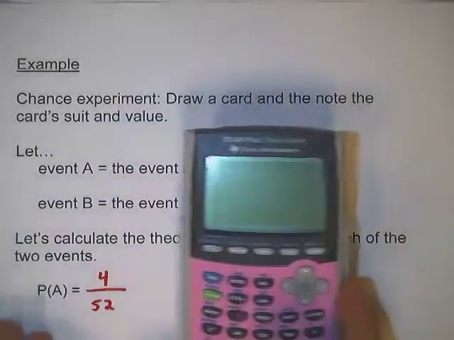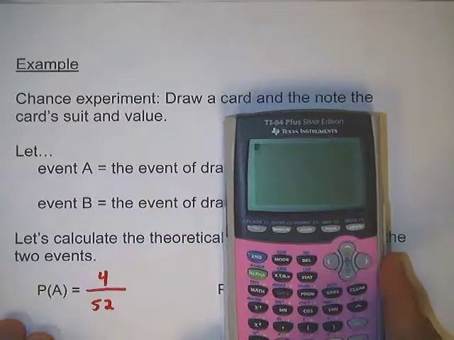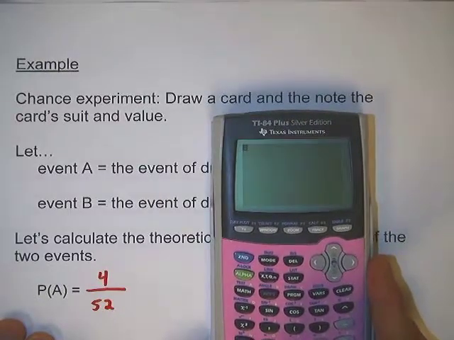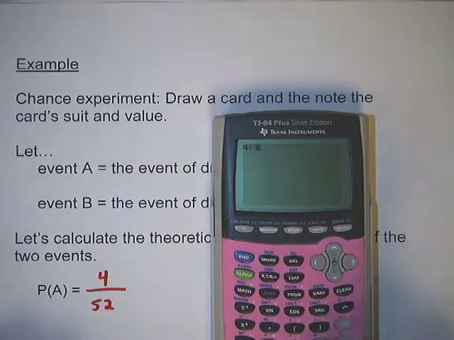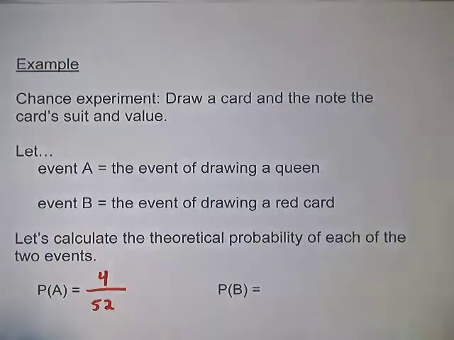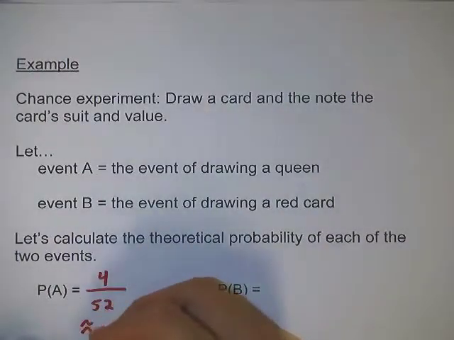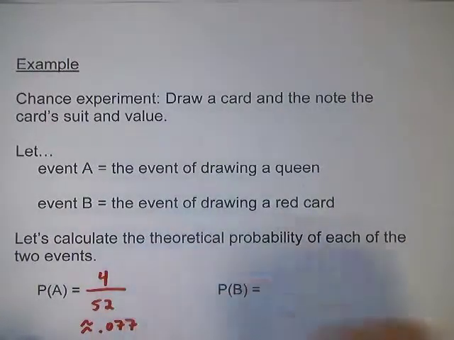But what you can do is change that into a decimal. So we'll do 4 divided by 52, and as a decimal, that's approximately equal to 0.077. So that's a little less than an 8% chance of drawing a queen on one draw.